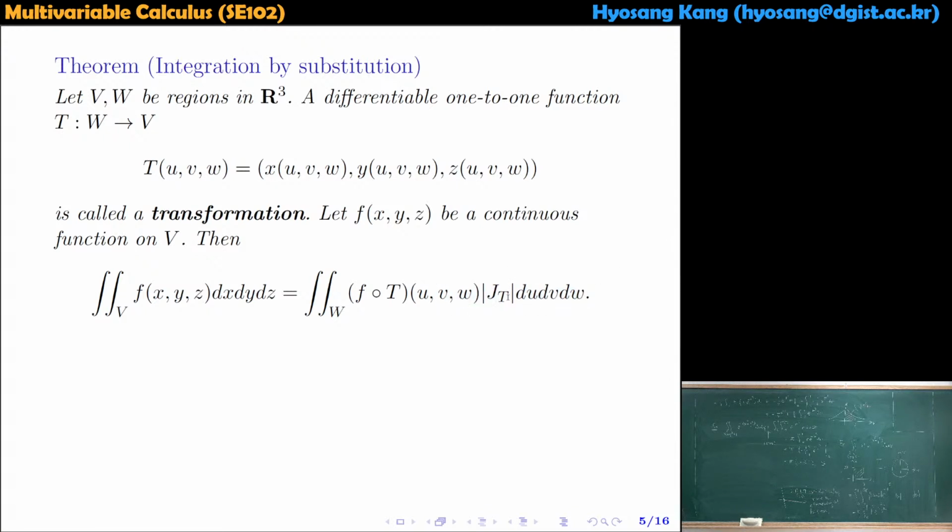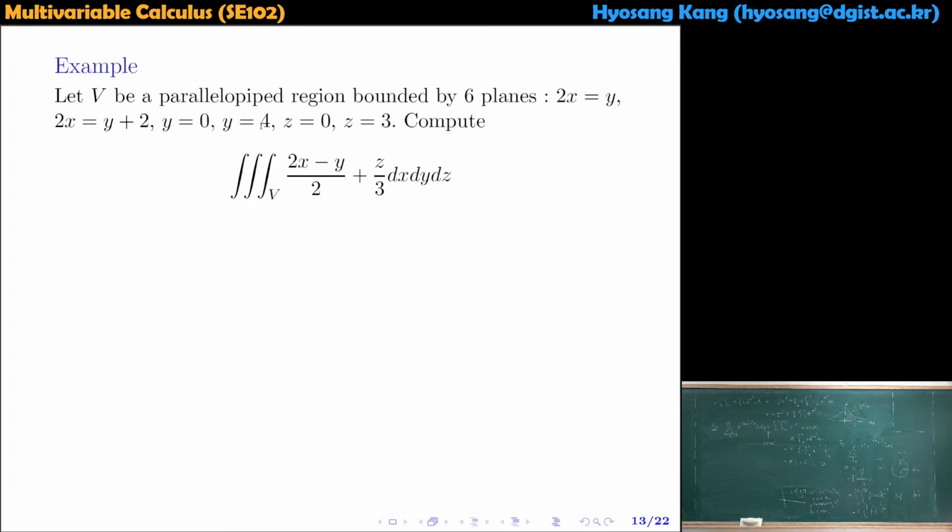Before I explain in more detail, let's look at the problem here. Think about this theorem again. Go back to week 9. How can we solve this problem using integration by substitution?